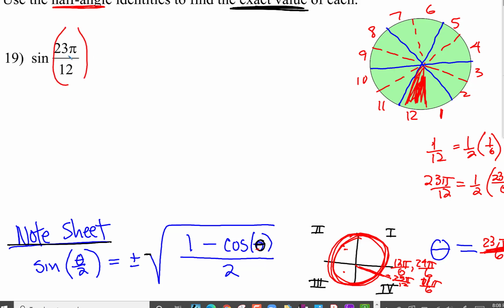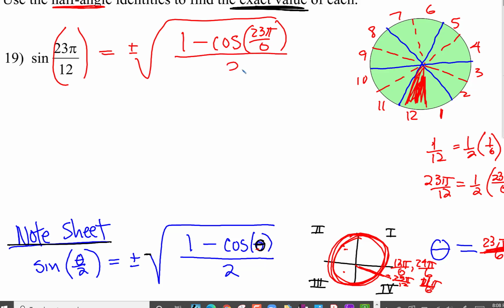So sine of 23 pi 12ths is equal to the positive or negative square root of 1 subtract cosine. And I'll go ahead and put 23 pi 6, but I know that I'm using the 11 pi 6 coterminal, divided by 2.